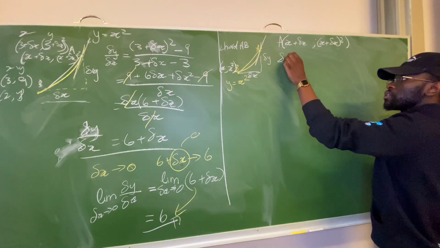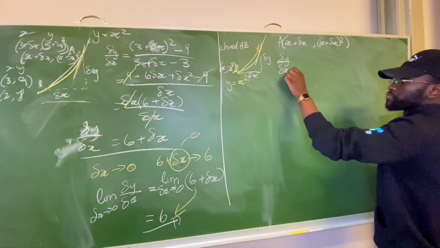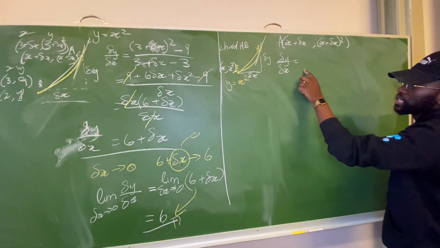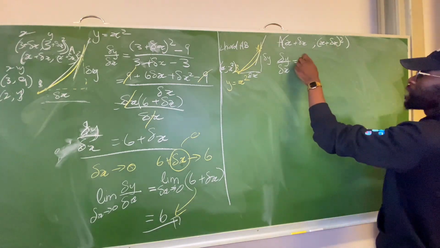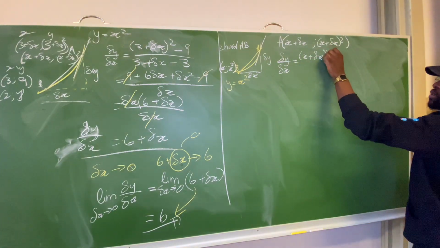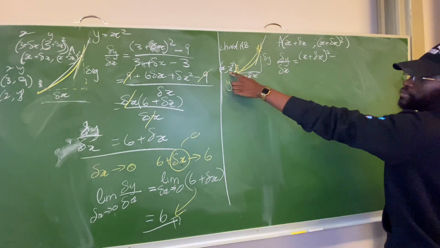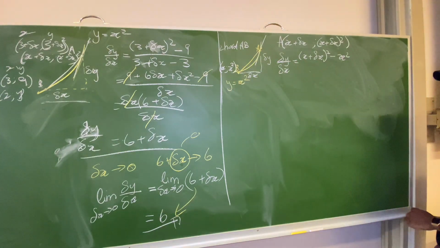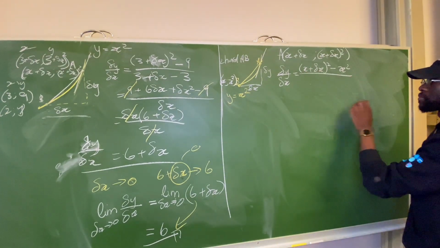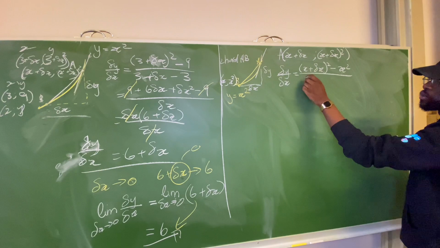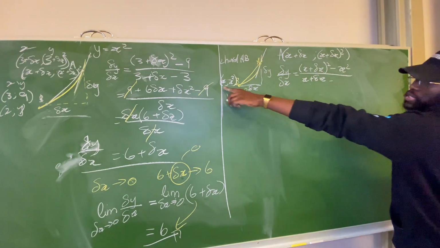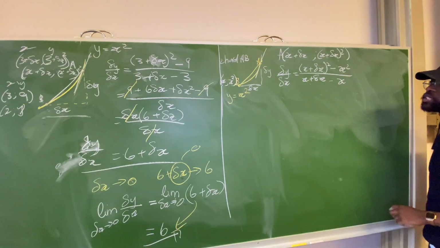Now let's find the gradient here. So we look at change in y over change in x. Change in y we find by taking the y value of a, which is x plus delta x squared, minus the y value of b, which is x squared. Now, that change in x will be the x value of a, which is x plus delta x, minus the x value of b, which is x.